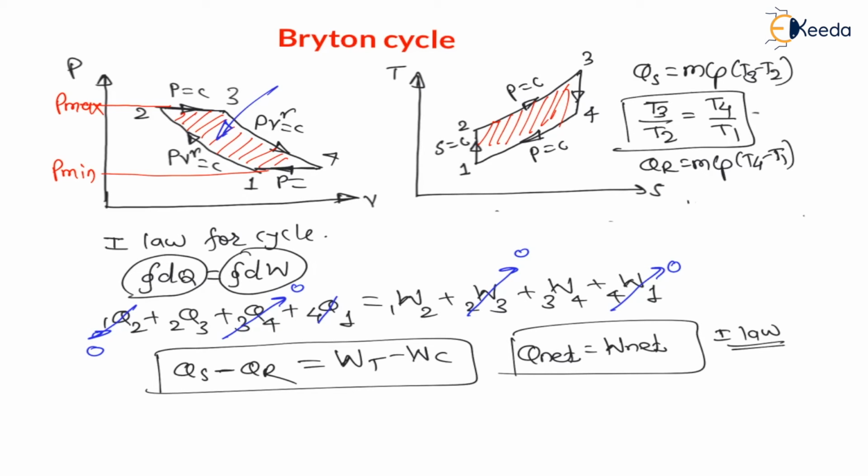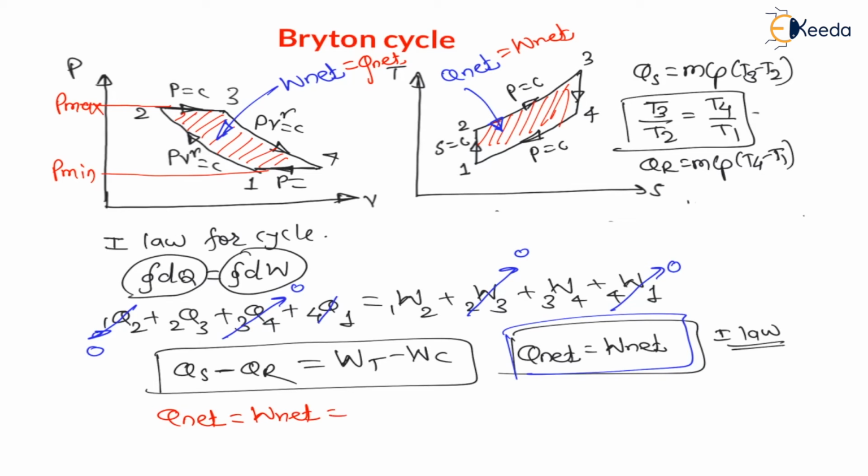The area enclosed by the PV cycle is net work, and the area enclosed by the TS cycle is the cyclic integral of heat, which is net heat. As per the first law, net heat is equal to net work. Therefore the area enclosed by the PV as well as the TS cycle is net heat as well as net work, which is heat supply minus heat rejected, or work of turbine minus work of compressor.